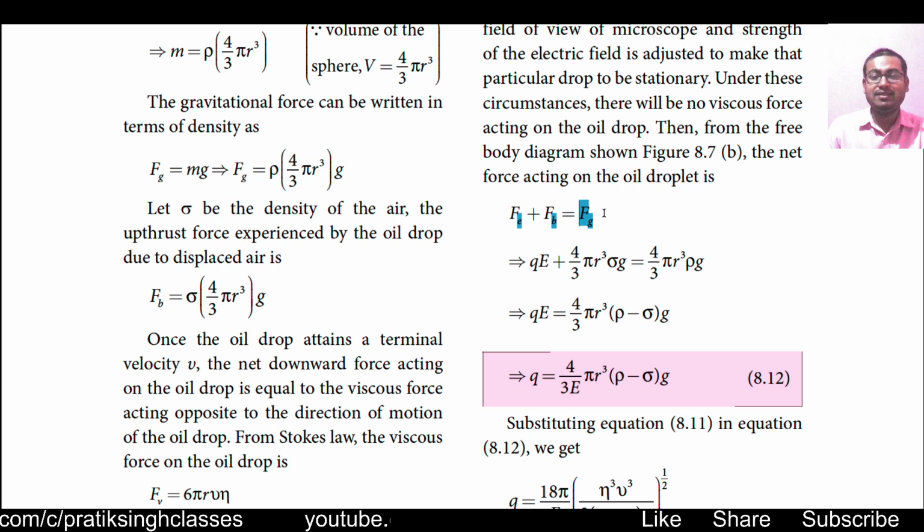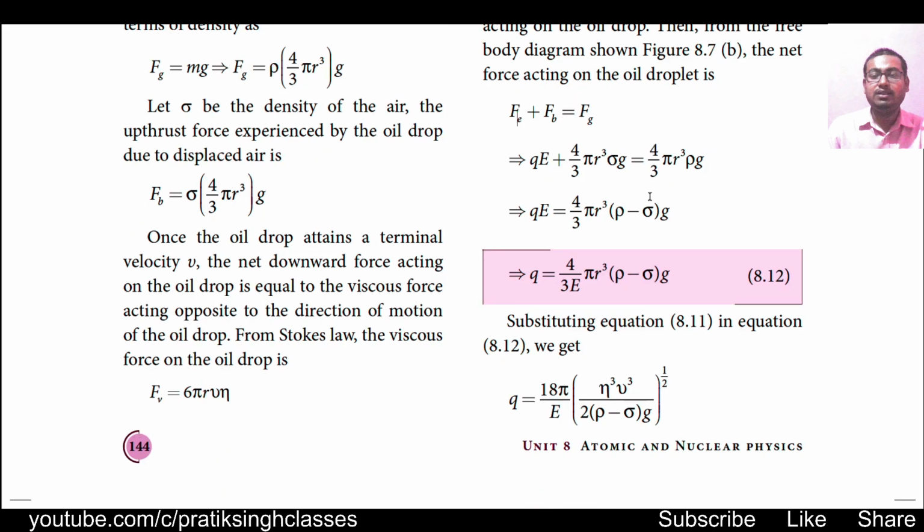Okay, and now substitute the values. The total electric force is given by Q into E, plus the buoyancy force 4 by 3 pi r cubed sigma g, is equal to the gravitational force 4 by 3 pi r cubed rho g. So we will have QE is equal to 4 by 3 pi r cubed into (rho minus sigma) into g, or Q is equal to 4 by 3E into pi r cubed into (rho minus sigma) into g.